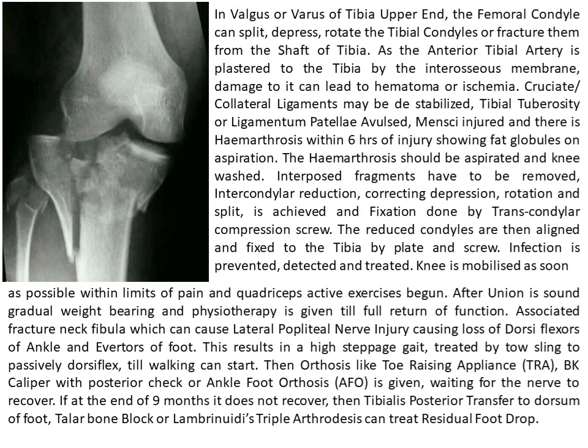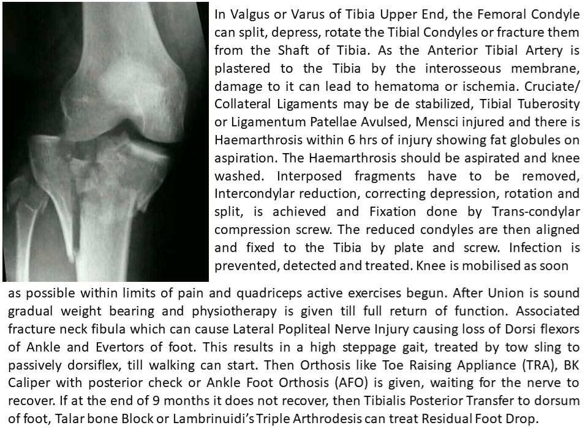You have to continue the orthotic device till the nerve recovers. If at the end of 9 months the nerve does not recover, then to achieve active dorsiflexion, you can do a tibialis posterior transfer to the dorsum of the foot.